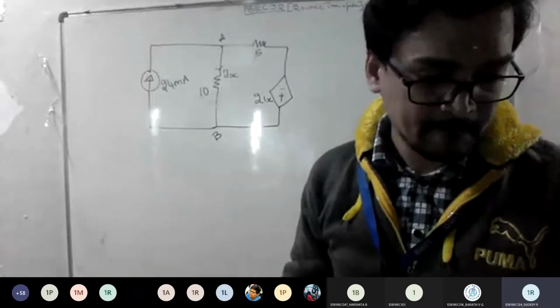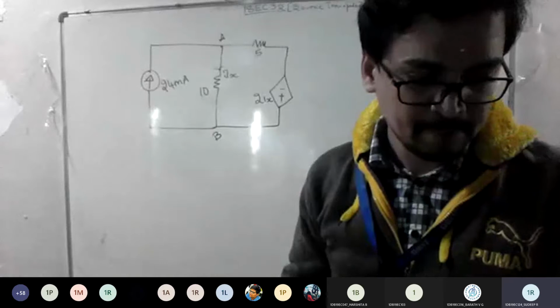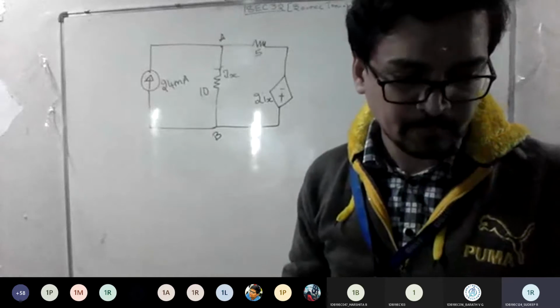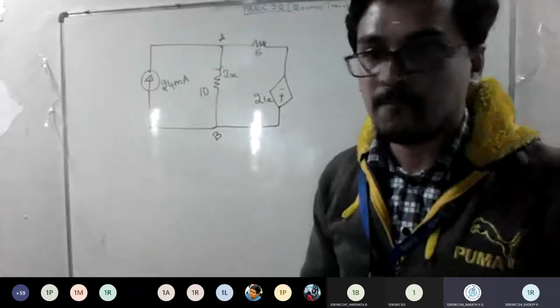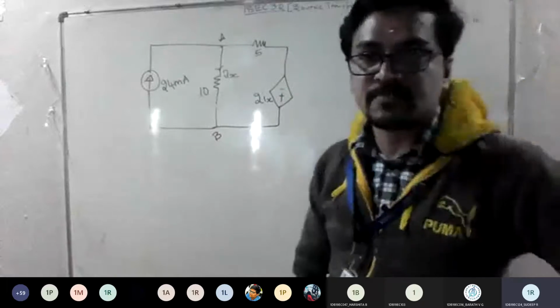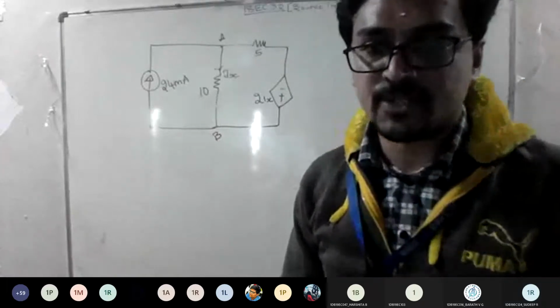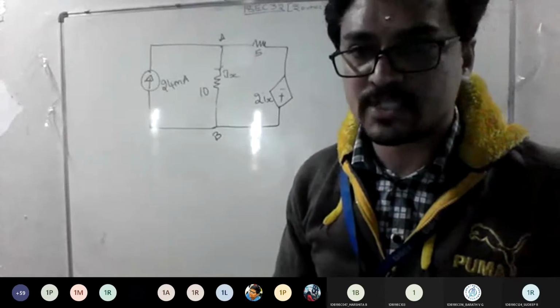How will you solve here? Convert the dependent voltage source into a current source. Irrespective of whether the source is dependent or independent, we can apply the logic of source transformation.